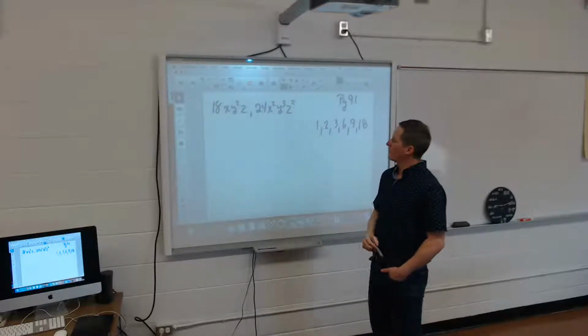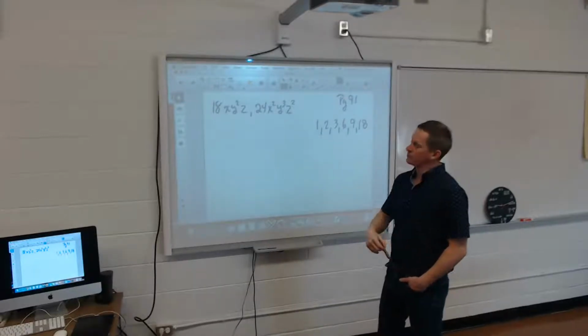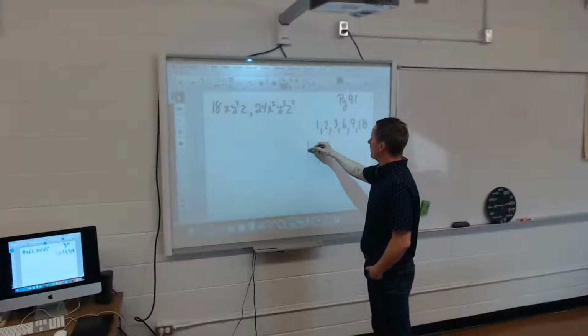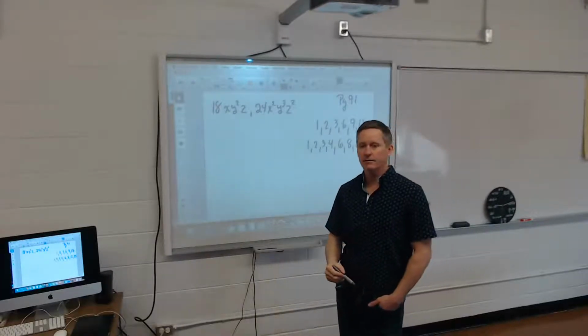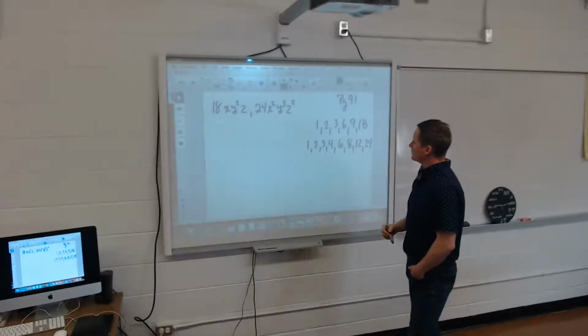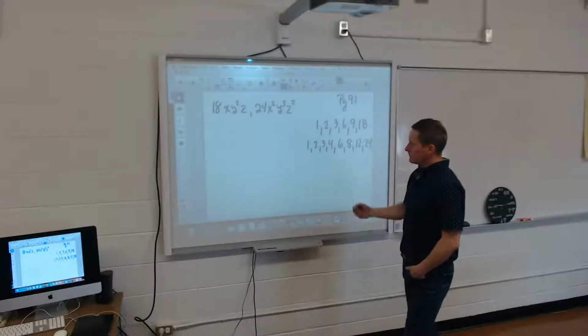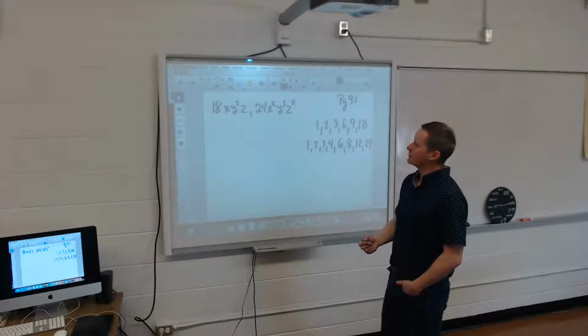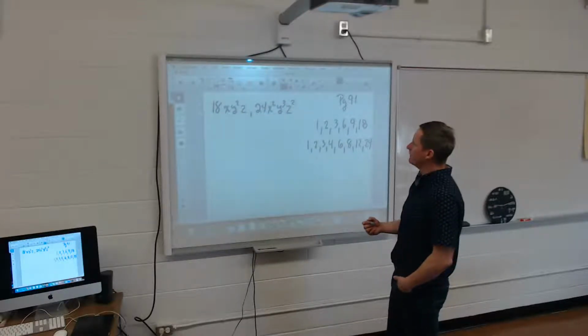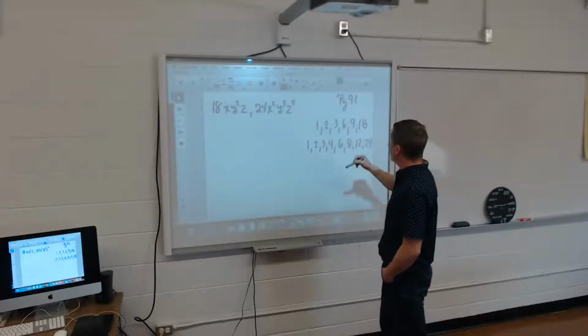So doing that as quickly as possible is going to be very beneficial to you. Looking at 24, all my factors of 18 and 24. So I want to pick the one that is the largest in both. What is the largest number that goes into 18, divides into it evenly, and the largest one that goes into 24?